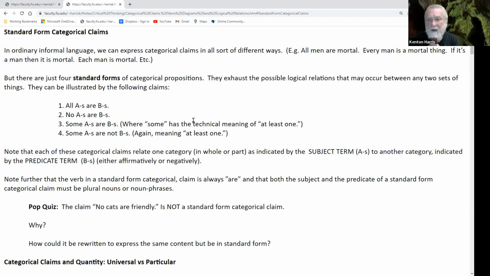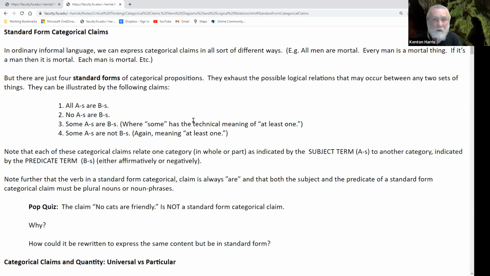But in other words, every is not a word that appears in a standard form categorical statement. Likewise, each is not a word that appears in a standard form categorical statement. How do I know that? Look at the list. The word every does not appear, the word each does not appear, etc. So these are the only words you're allowed to use if you're putting a categorical claim into standard form.